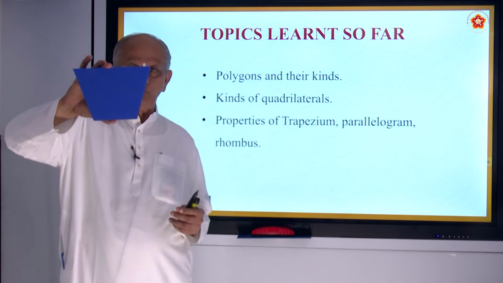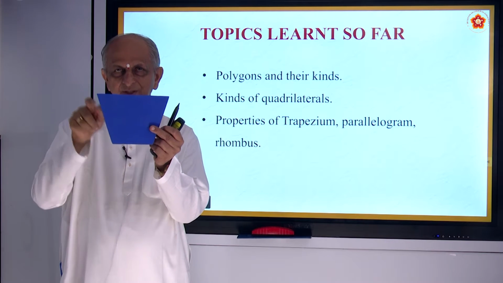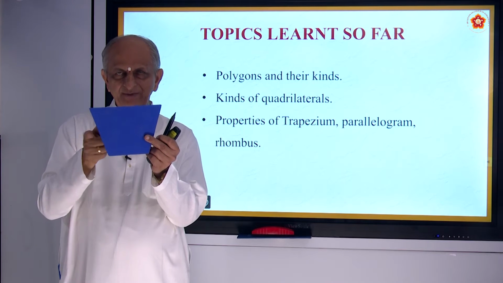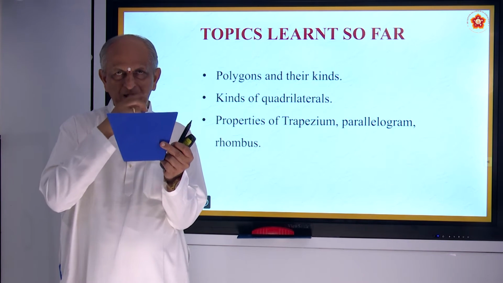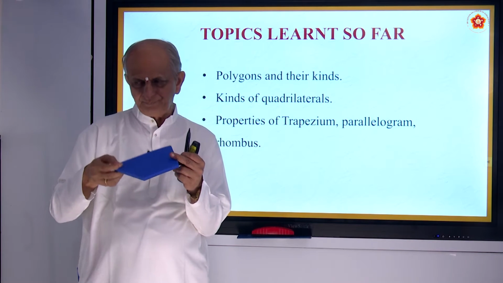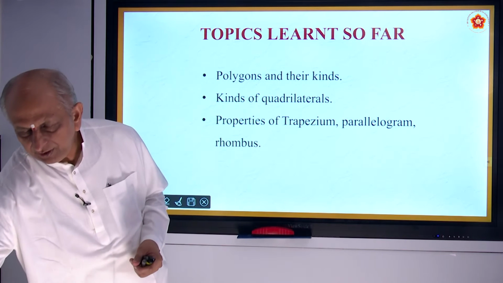See, these are the 2. This is one pair which are parallel to each other. And these are called non-parallel sides. If the non-parallel sides are equal, we call it an isosceles trapezium. So that is about trapezium. Parallelogram also you have seen.